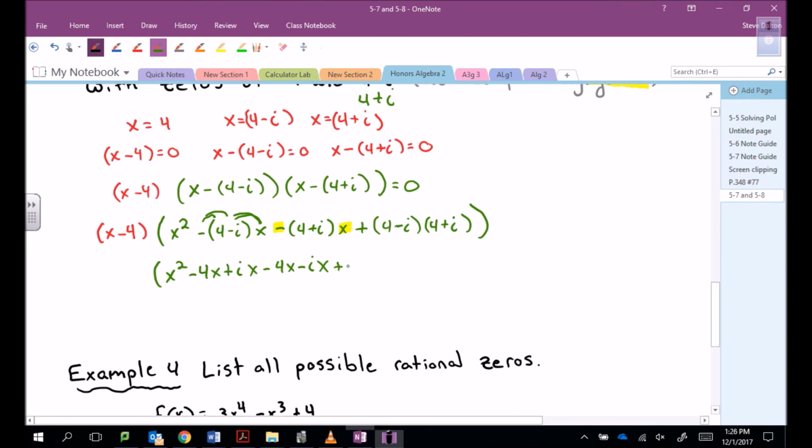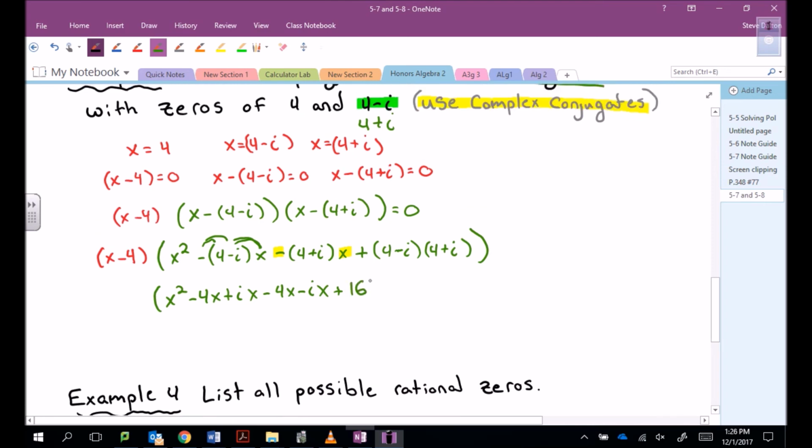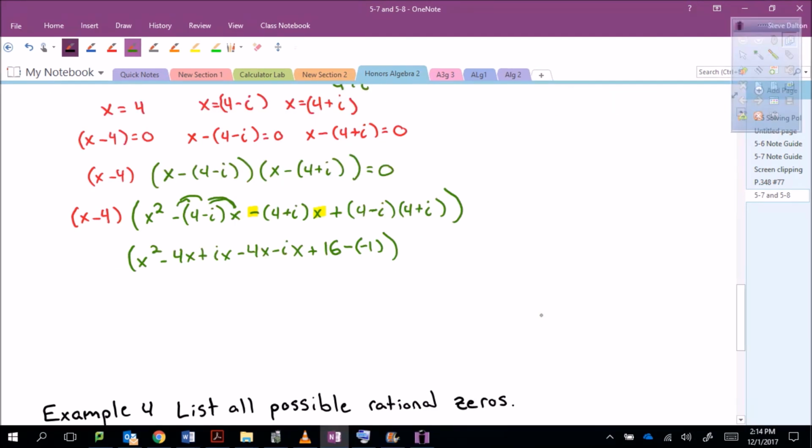Now once you do that, we're left with this last piece where it's a special product and we can FOIL it. That's going to become 4 squared, so 16, and then minus i squared, which is really, i squared is just negative 1. So we're still in the green, and all we have to do now is combine like terms. So x squared is by itself.